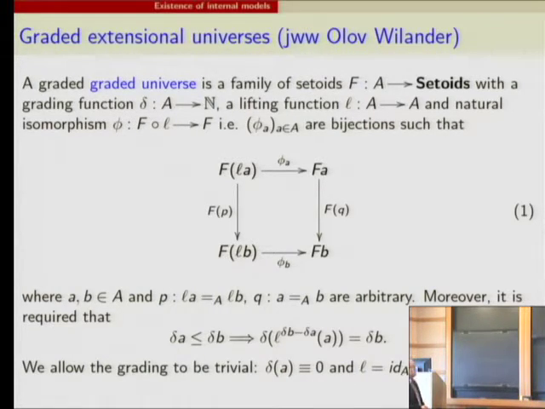So we have a graded universe. So it's a family of Setoids which has a grading function. You can lift a code from one level to another, and so the purpose of this grading is to limit the constructions of pi and sigma. So you can do pi and sigma from one level to the next in this grading.